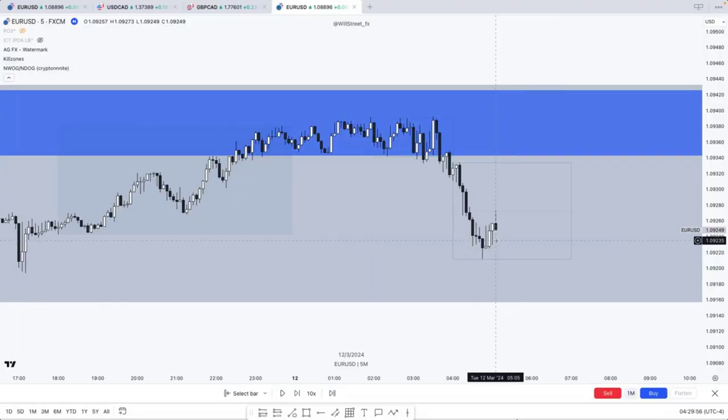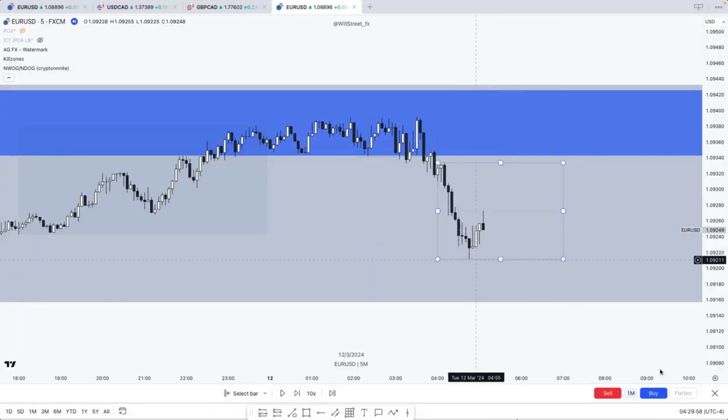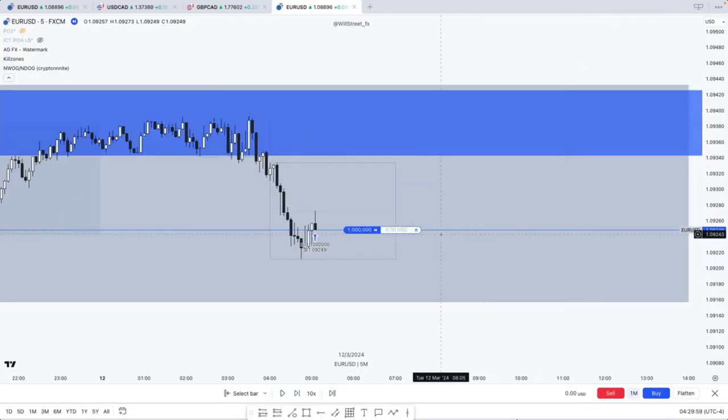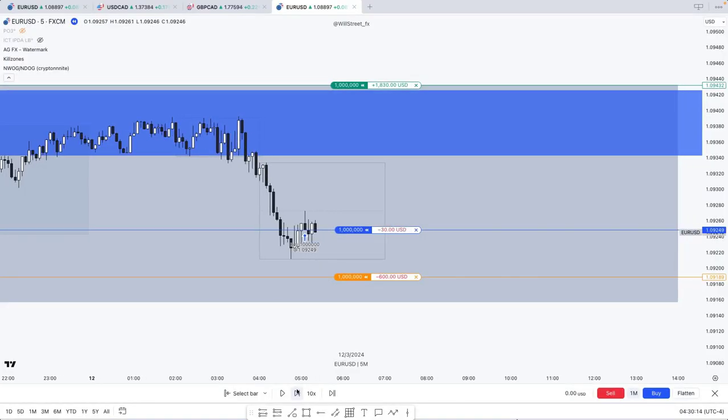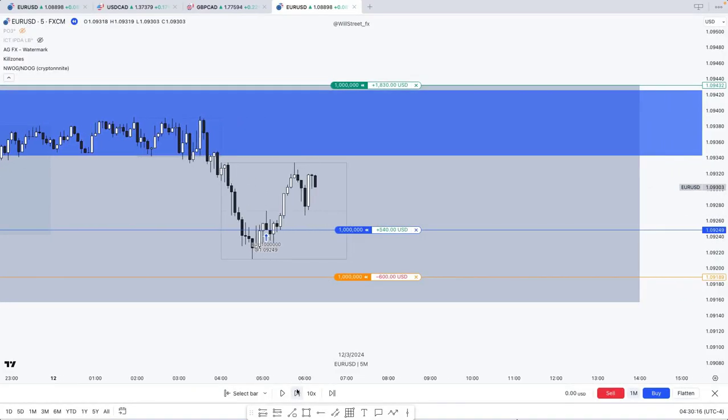Look at this. We're inside that 5. So to me, it looks like a turtle soup. So long here and take profit here. Aiming for 3 hours. This is safe. And let's see what happened.